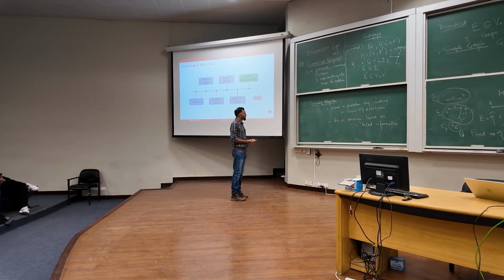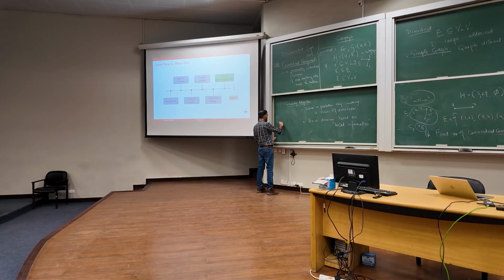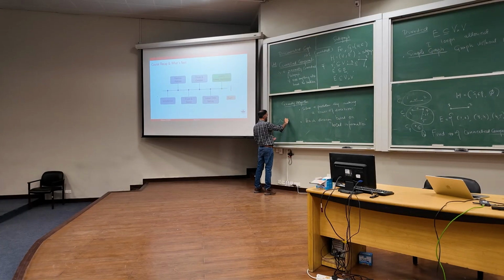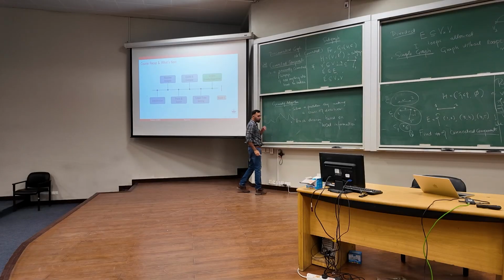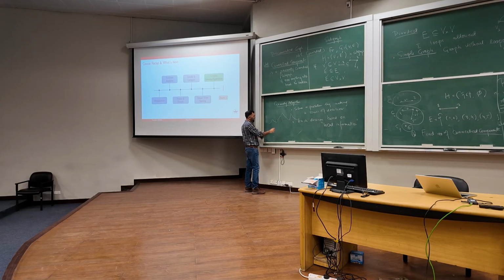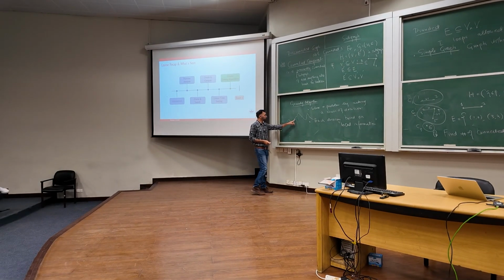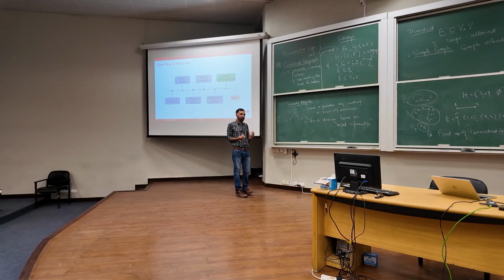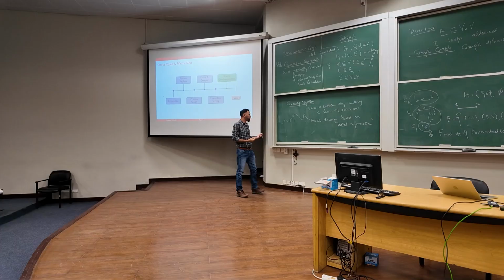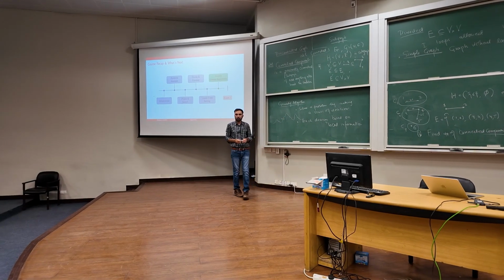So a particular example of greedy algorithms is something called hill climbing. So you're on a curve and you're trying to find the maximum of that curve. Okay? So let's say you start somewhere here. At this point, you say that if I go to the left, I'm going to go down. But if I go to the right, I'm going to go up.